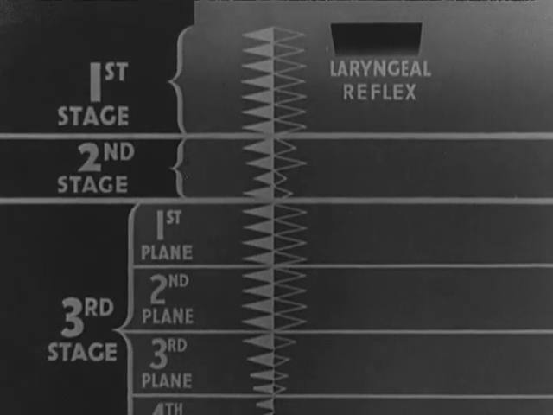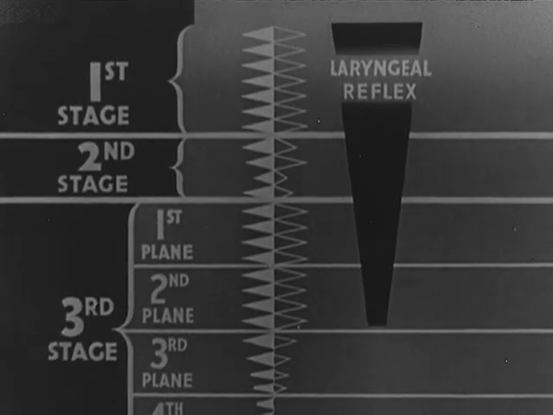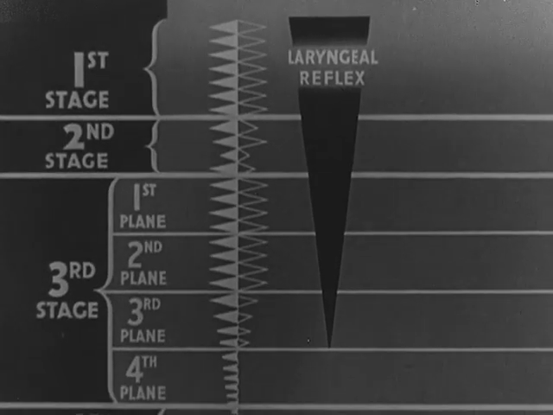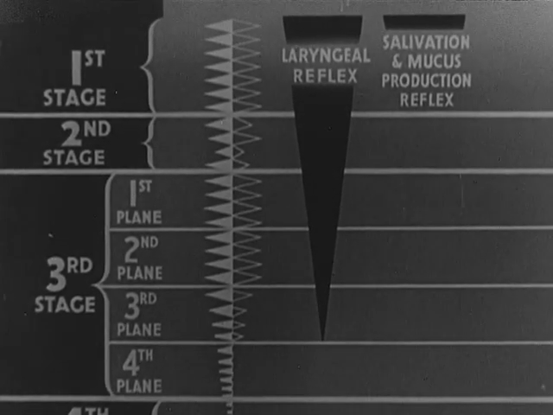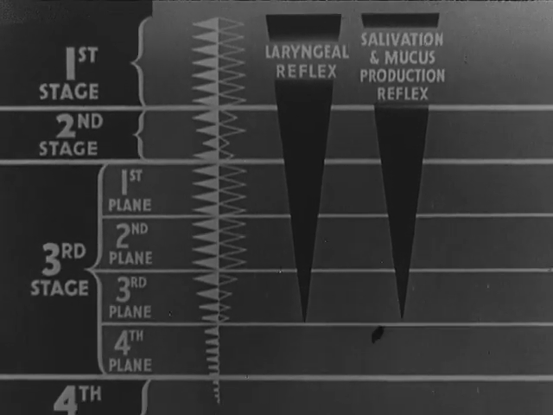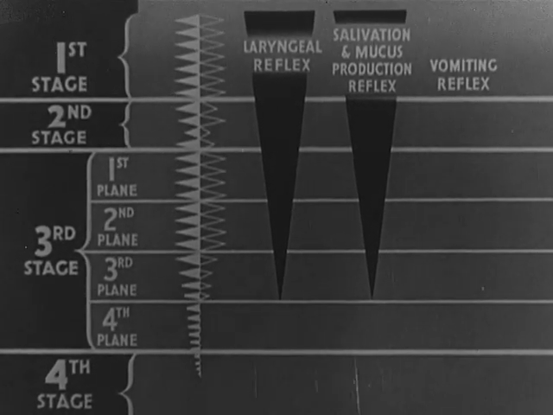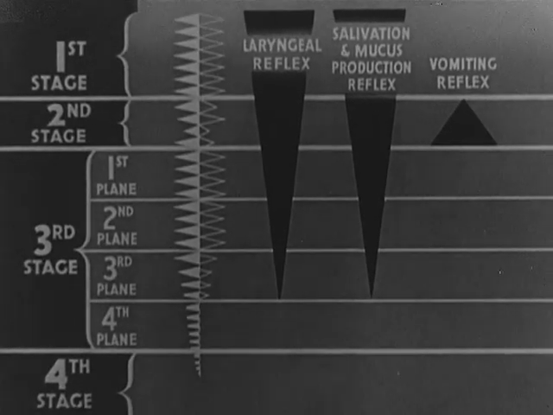The laryngeal reflex is active from the start and becomes progressively dulled, disappearing in the third plane. Salivation and mucus production also cease in the third plane. Reflex vomiting is most liable to occur at the bottom of the second stage, but not at all in the third stage.